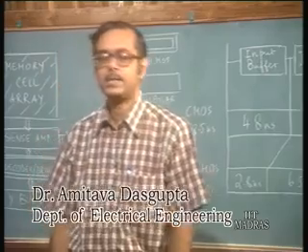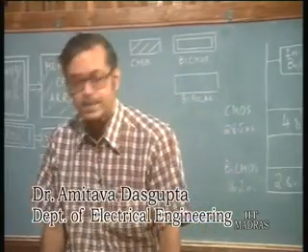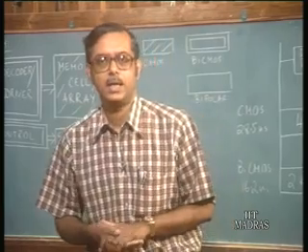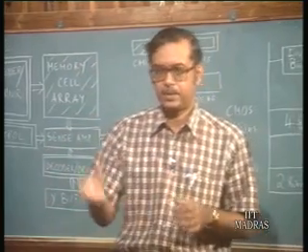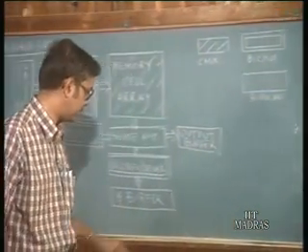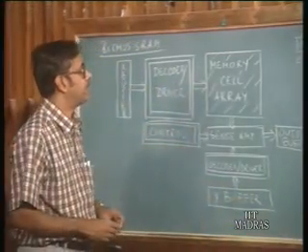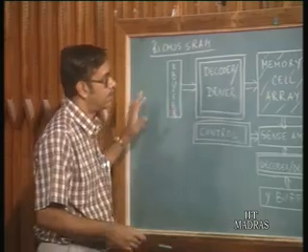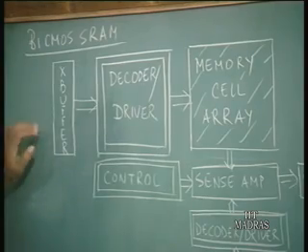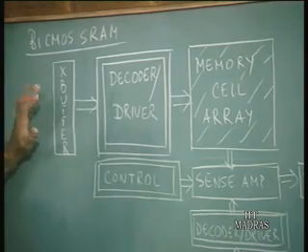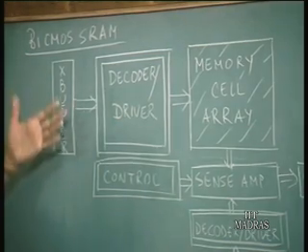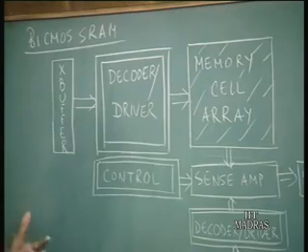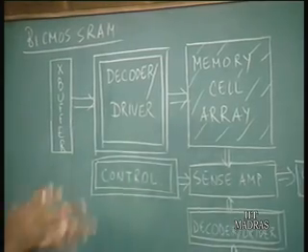So, last class we were discussing CMOS static RAM, and we had also introduced the concept of BiCMOS static RAM, and today we shall continue our same discussion. We had seen that if you take the block diagram of a CMOS static RAM, when we convert it to BiCMOS static RAM, some of the elements we retain as CMOS.